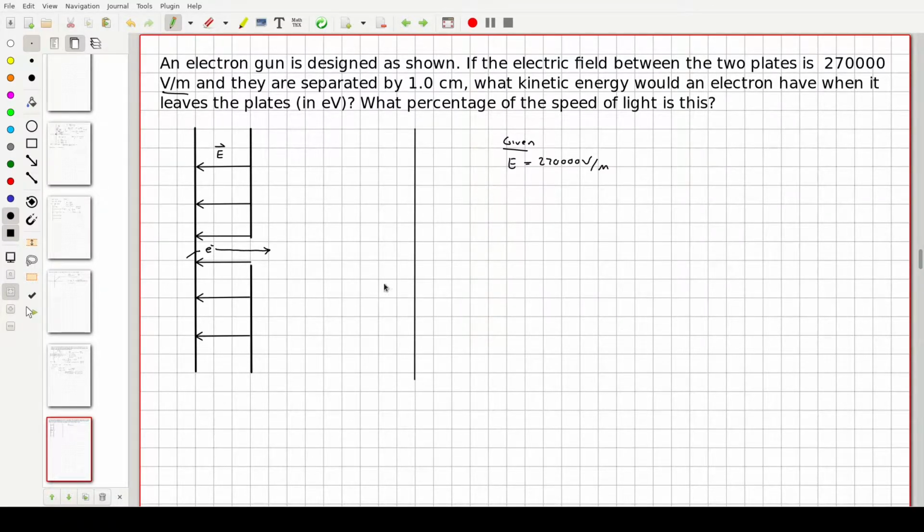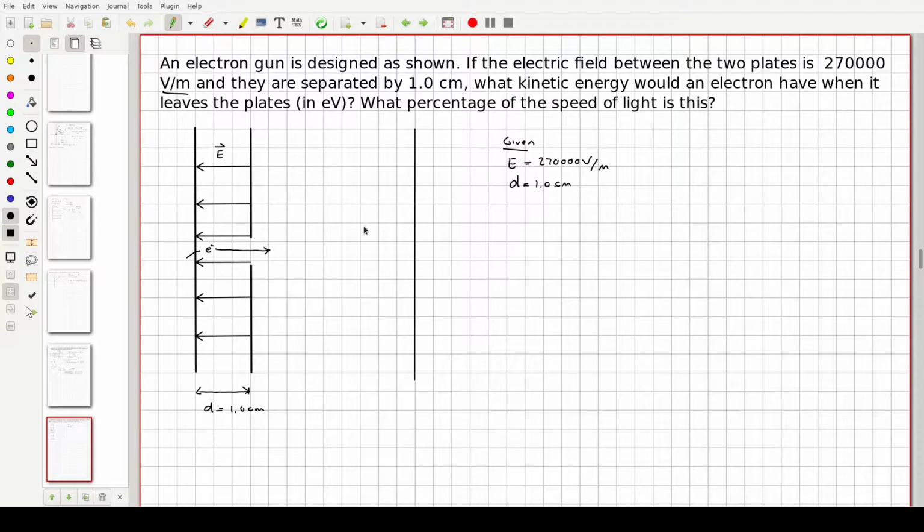And so we also know the plate separation right here. I'm going to call that D. So the separation between the plates here is 1.0 centimeters, so D is 1.0 centimeters. And we're trying to find a few things. We want to know what the kinetic energy would be of the electron when it left the plates, basically when it stopped accelerating.